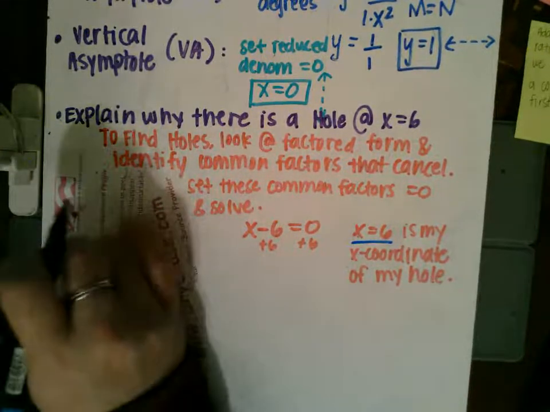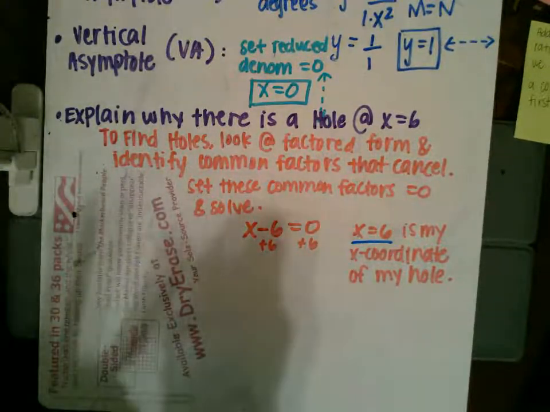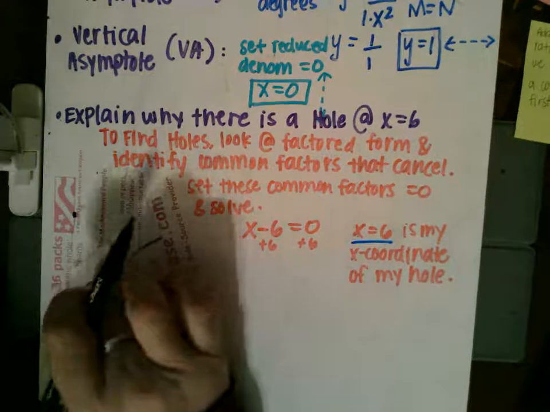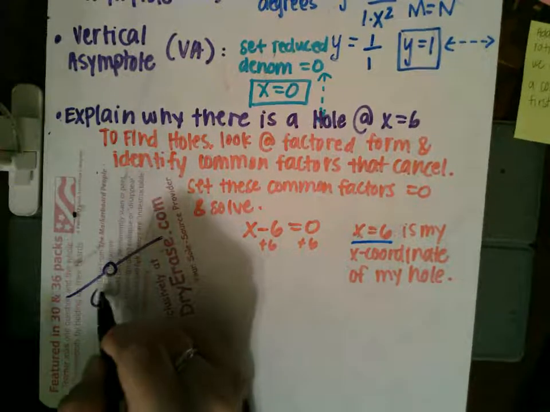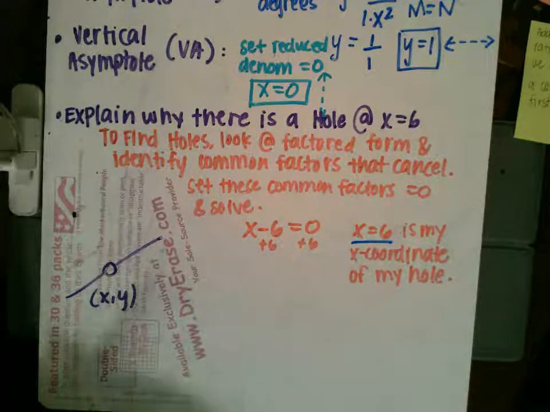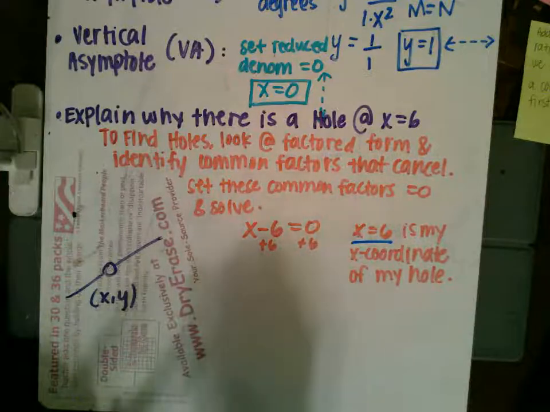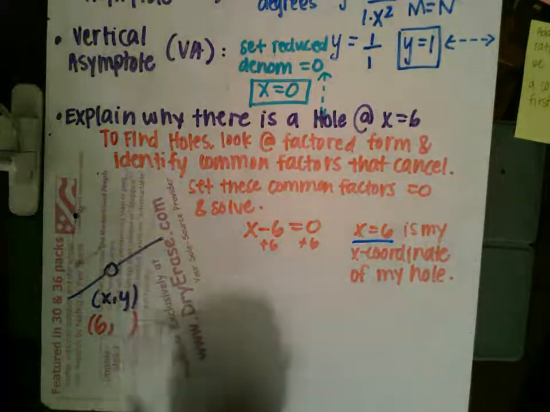Because a hole is a specific point in your graph, right? A hole looks like this, right? There's some sort of hole, and it's always at a specific x comma y value. Right now we have the x value is equal to 6. Right now I'm saying this point is 6 comma where? Where is the y value?